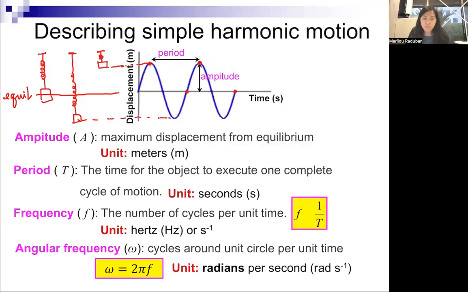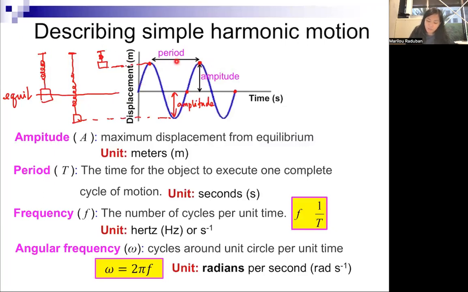That's the period. And then the amplitude, that's the maximum displacement of the object. So this is also the amplitude here. These two, the amplitude and the period, are what you can read from the sinusoidal graph.